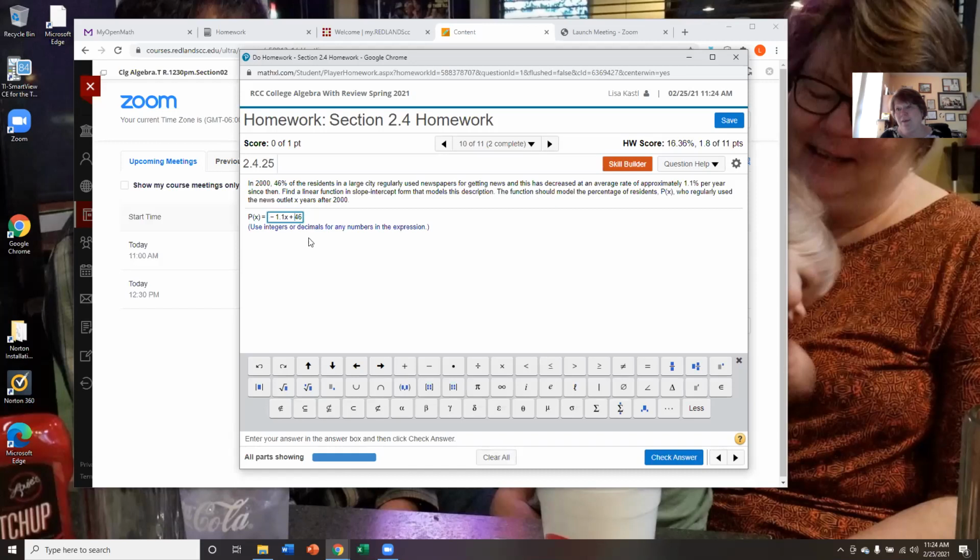So in the year 2001, 1.1% less used the newspaper to get their news. And in the year 2002, it was 2.2% less than the 46. So this would be the equation that describes this situation.